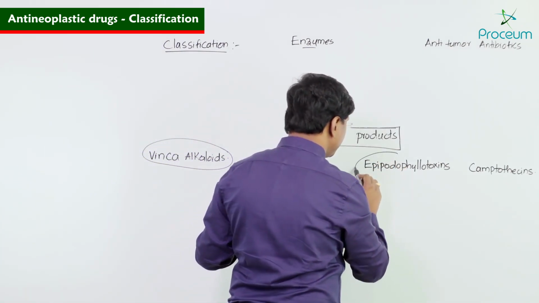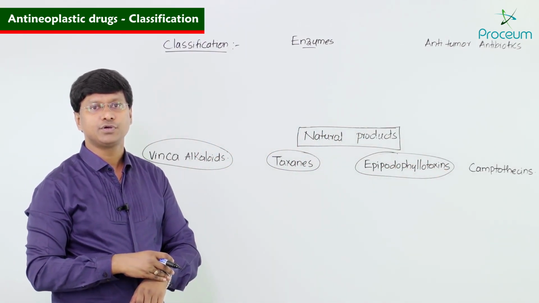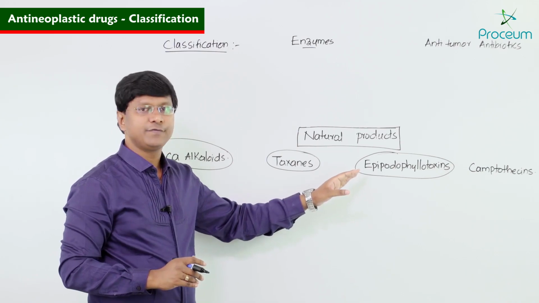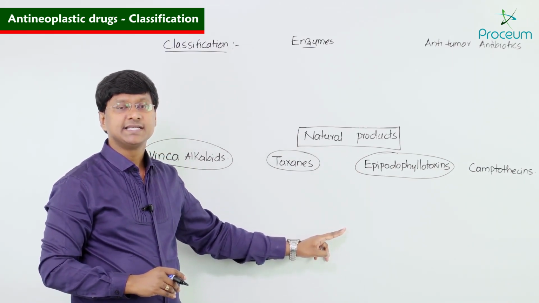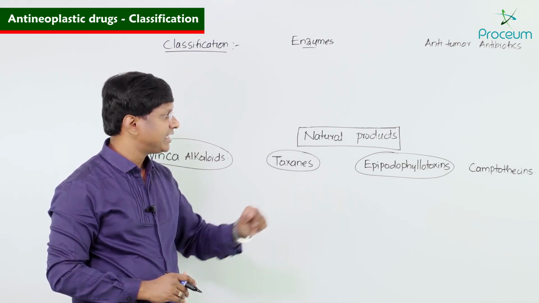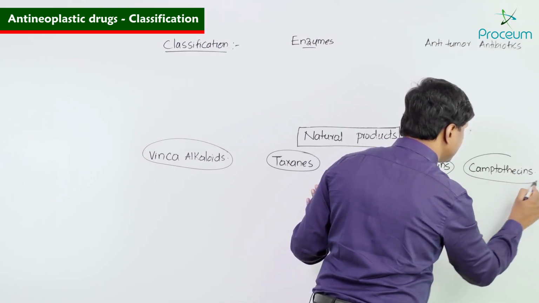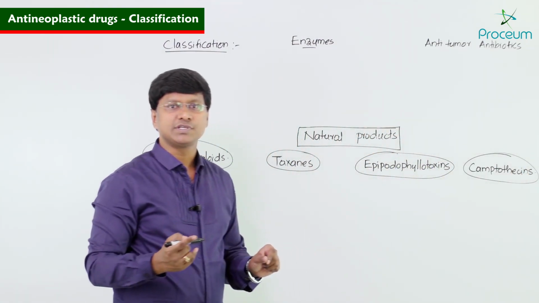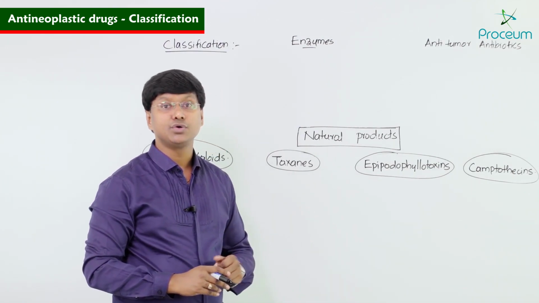Next, you take your epipodophyllotoxins. They include etoposide as well as teniposide. They are your epipodophyllotoxins. Next, you take your camptothecins. Camptothecins include topotecan and then irinotecan.